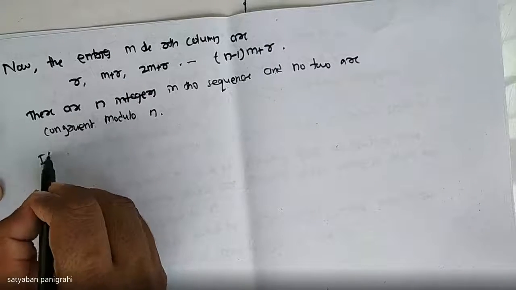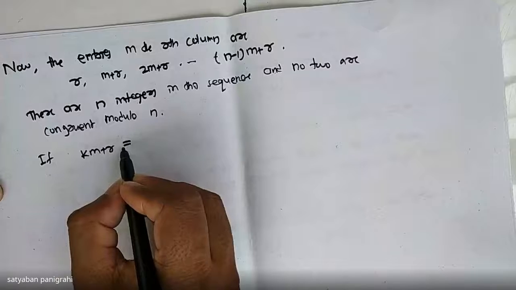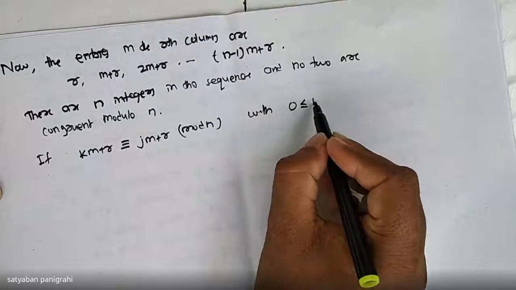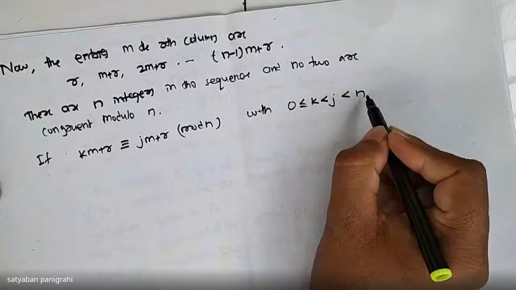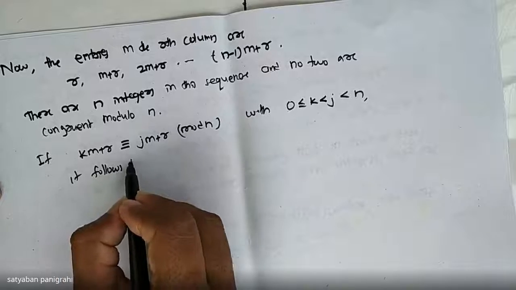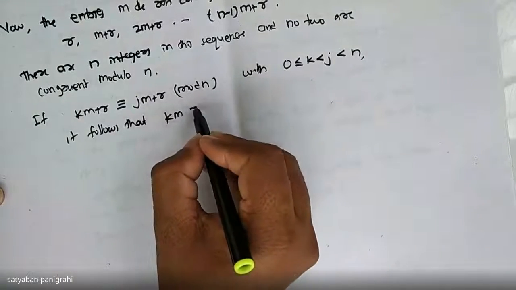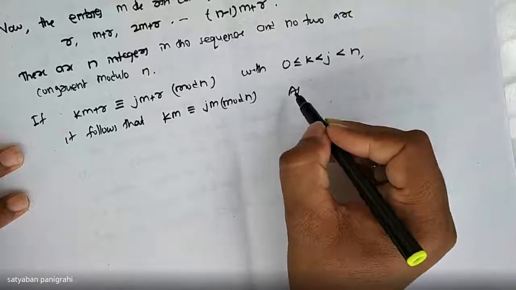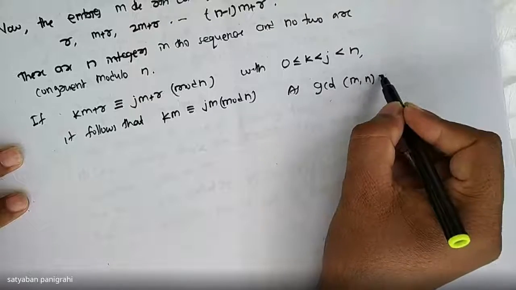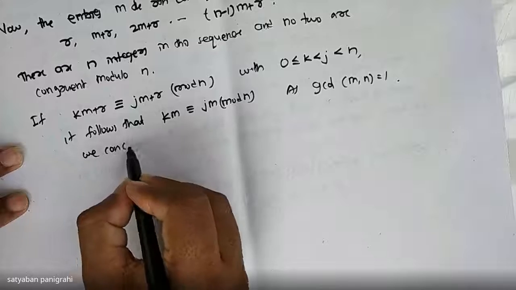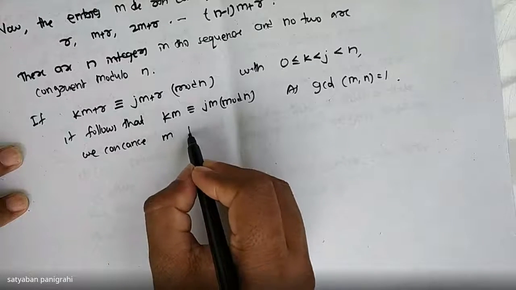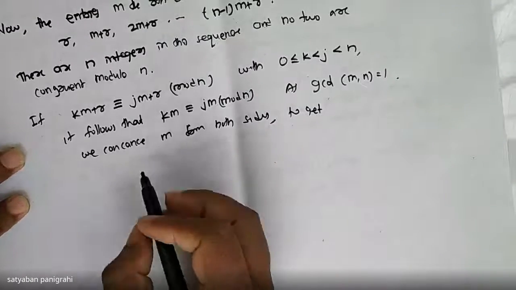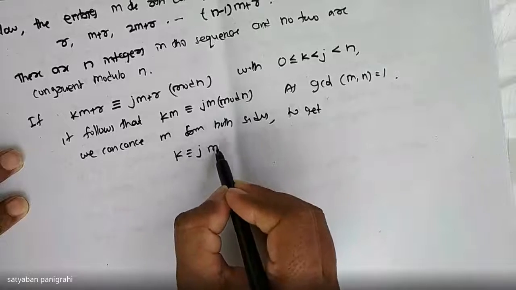Now you can say if km plus r is congruent to, suppose, jm plus r mod n with 0 less than or equal to k less than j less than n, it follows that km is congruent to jm mod n, and as GCD of m and n equals 1, we can cancel m from both sides to get k congruent to j mod n.